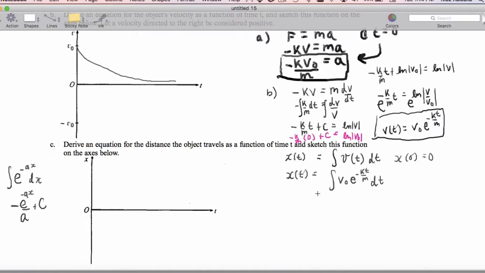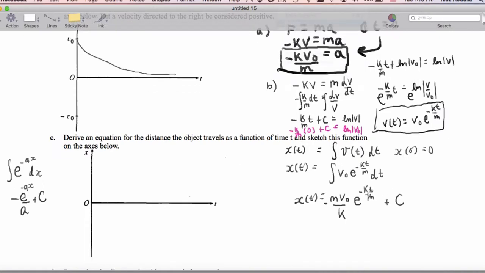That's just an aside, and I'm going to use that here. So x of t is going to equal negative m v naught over k e to the negative kt over m plus c.